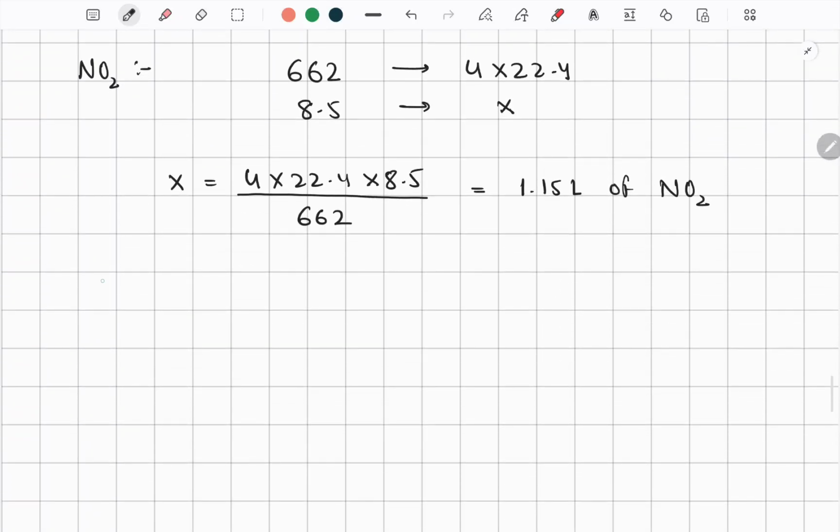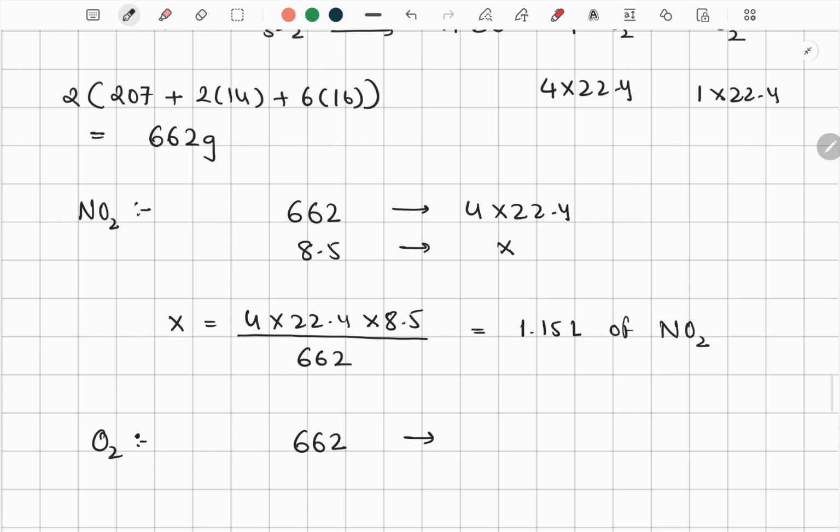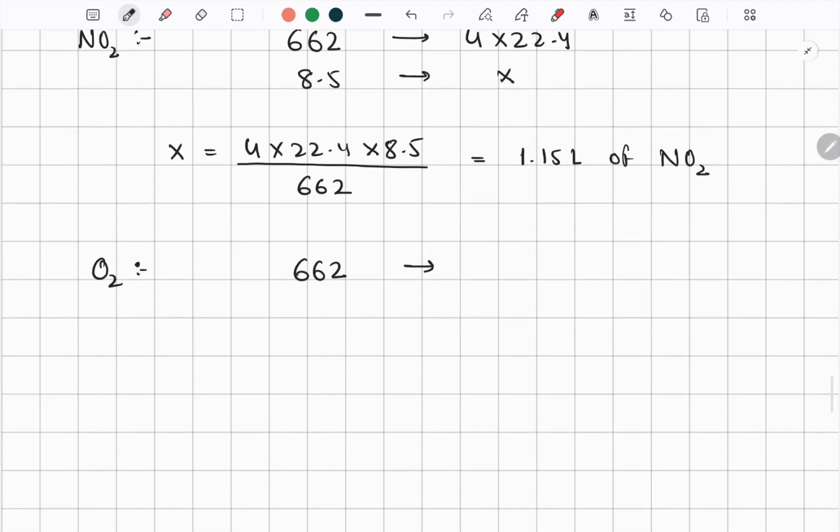Okay, now let's solve for the oxygen. So oxygen, we can say 662 gram of lead nitrate gives 1 into 22.4 liter of oxygen. Then 8.5 gram of lead nitrate will give us X volume of oxygen.